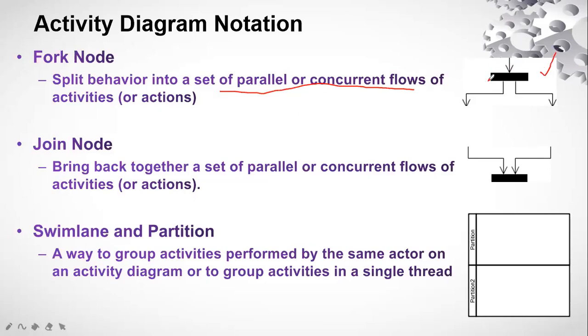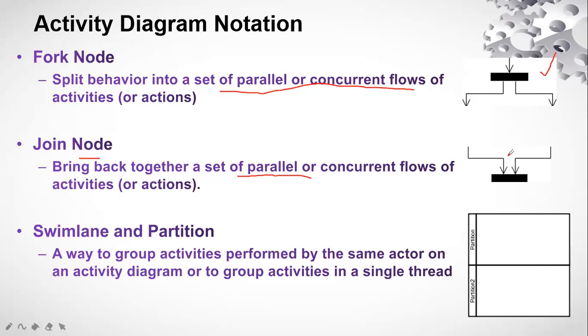So this is how it is represented: a rectangular box, and then two control flows are coming out of it in parallel form. Next one is the join node. Join node is just the opposite of the fork. That means it brings back together a set of parallel concurrent flows of activities or actions, right?